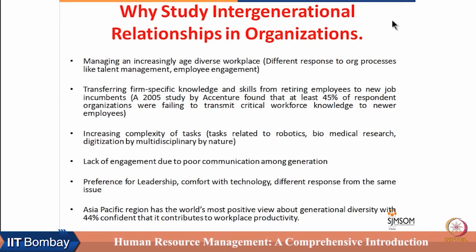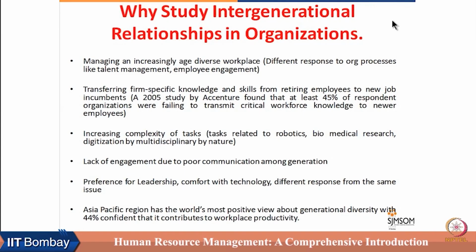Not only multidisciplinary, they involve multiple generations of technology as well, and because of that different generations are comfortable with different kinds of technologies involved in a particular project, and that is why we need to understand how different generations respond to different stimulants, and how their psychographic profiles are similar or different.